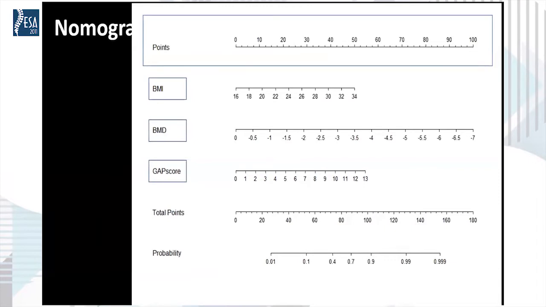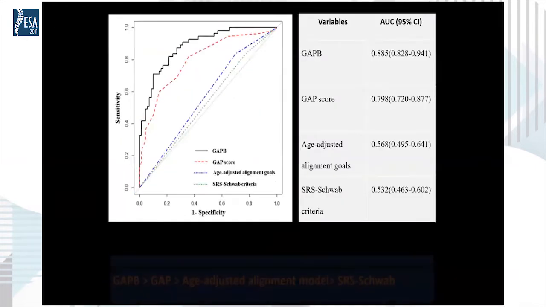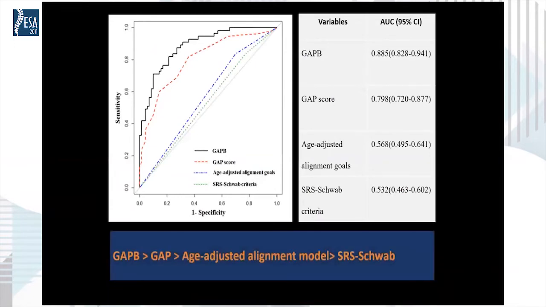Using this nomogram, including BMD, PMI, and GAP score, we can calculate the probability of mechanical complications. And the results showed that the GAPB scoring system is the best for prediction of mechanical complications.